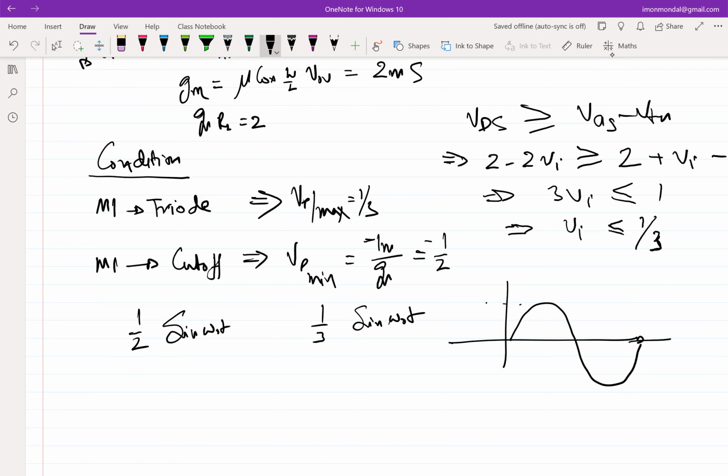You have a sinusoid. If I define this to be the maximum amplitude, Vp max, and this to be Vp min, then which one is higher in this case?